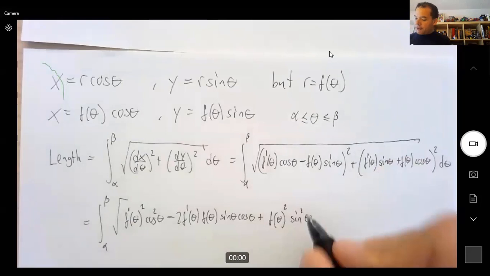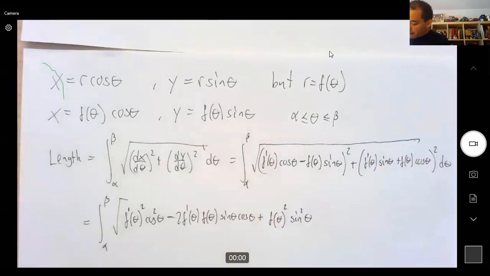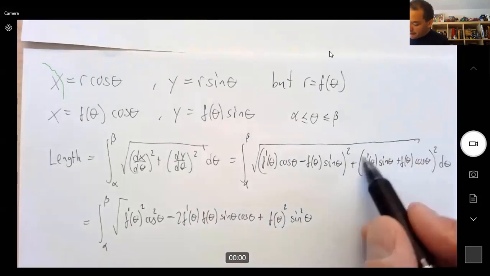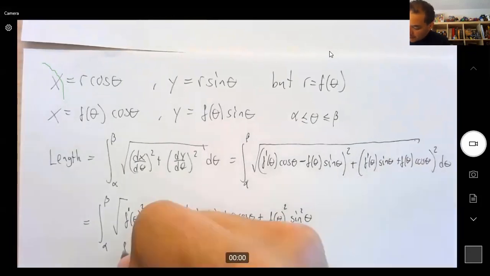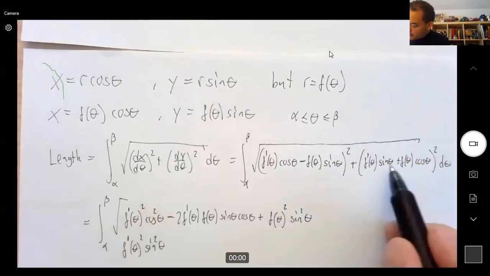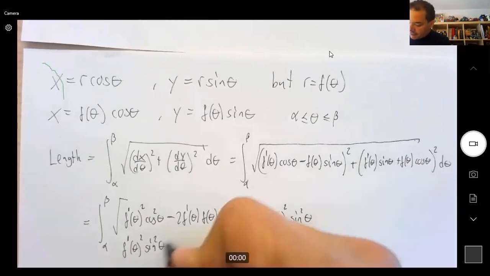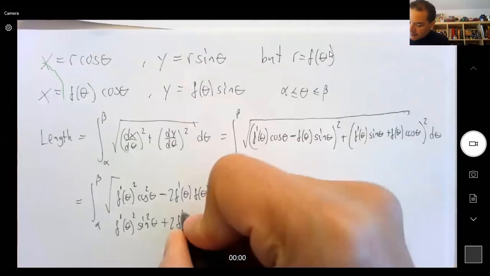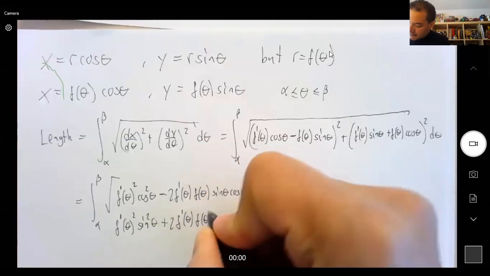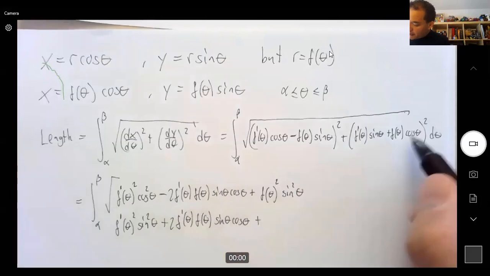All right, I'm done doing this first part. Now for the second part, I'm gonna put it in the bottom so that you appreciate what it is that I'm doing. So now it's the square of this one. So it will be f prime square sine square. Then the double product, but it has a plus sign over here. So it's gonna be 2 times f prime theta, f theta, sine, cosine. And then plus the square of the last one.